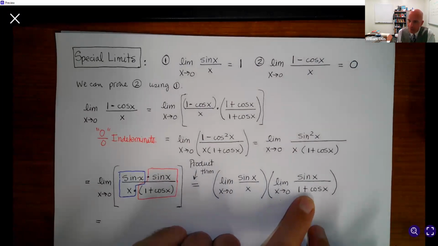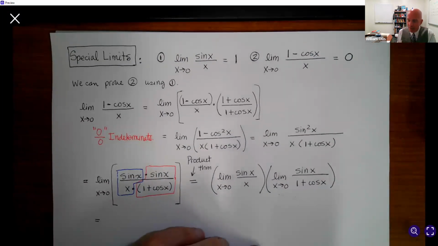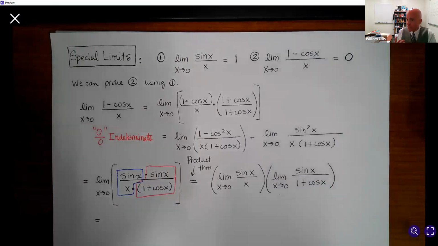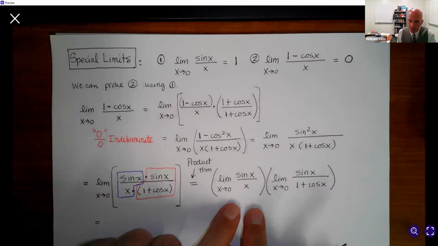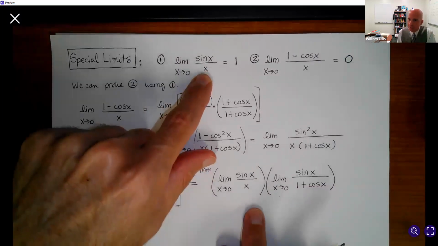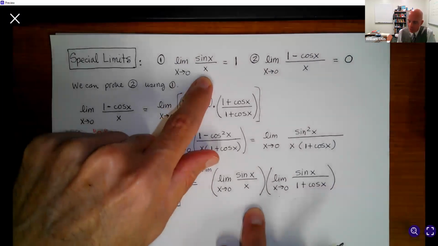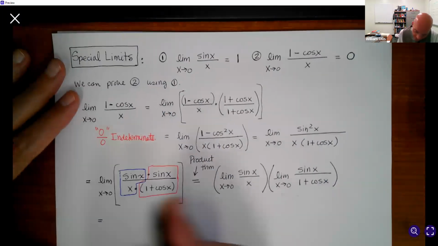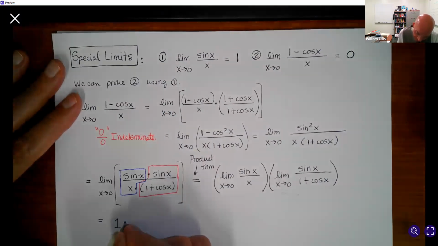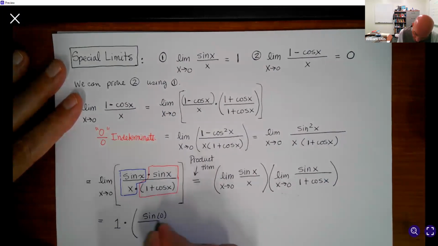So I'm not worried about the fact that, if I do direct substitution and I'm working with sines and polynomials and things like that, I'm good because the result allows me to do that. But what's really important here is that this is a significant result. So if we can claim this result, then we have this limit directly. So now we can say 1 times, and then we'll do our direct substitution, sine of 0 divided by 1 plus cosine of 0.